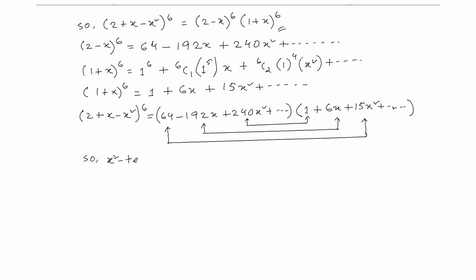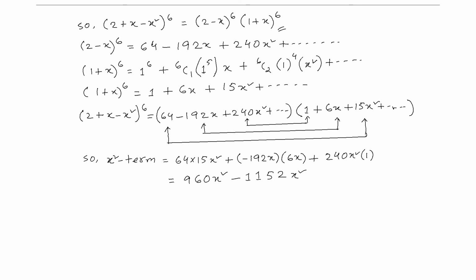So our x squared term would be 64 times 15x² minus 192x times 6x plus 240x² times 1. 64 times 15 is 960, so 960x², minus 192 times 6 is 1152, so minus 1152x², plus 240x².